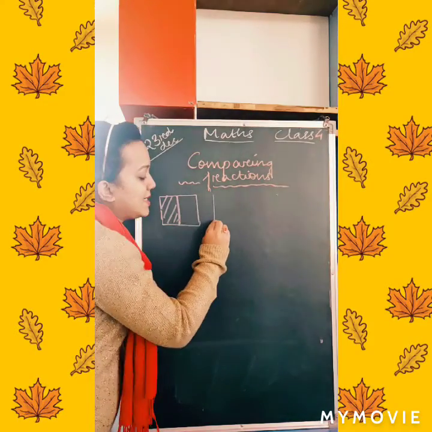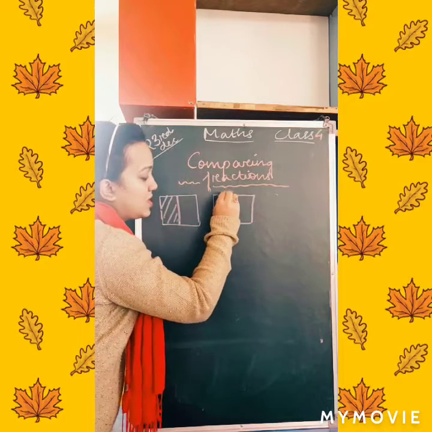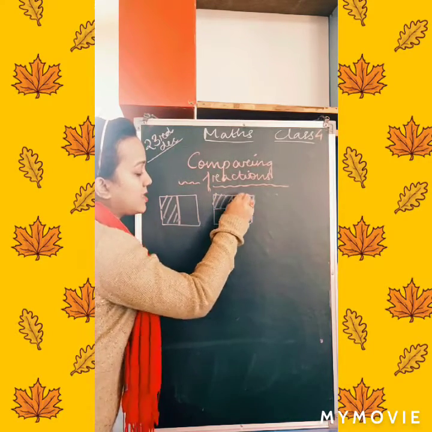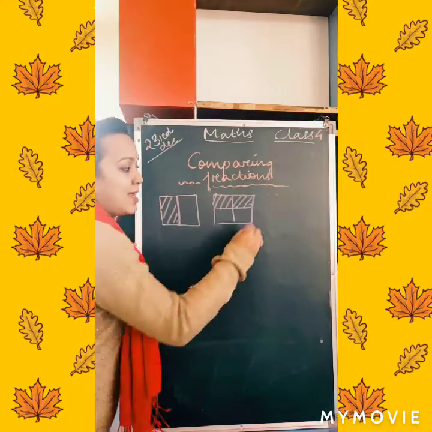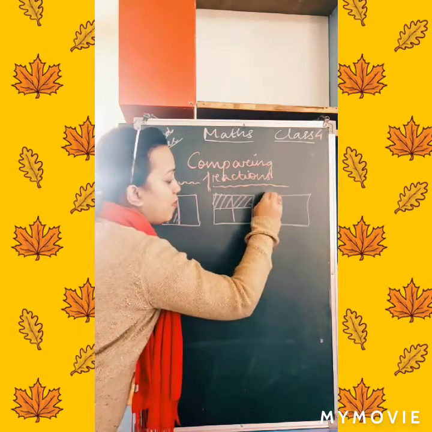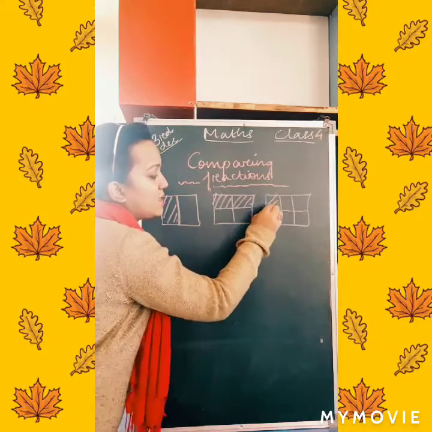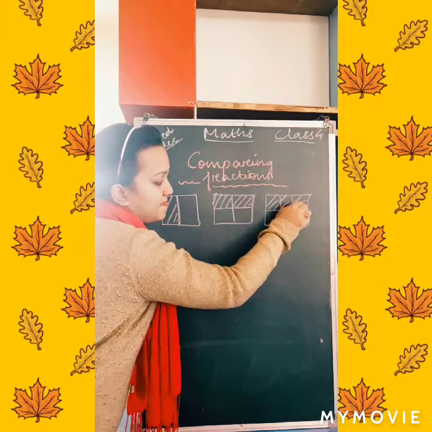Done. I take another box which is divided into 4 equal parts, out of which 2 parts are shaded. Correct? Then I take another box divided into 6 equal parts where I shade 3 parts of it, correct?